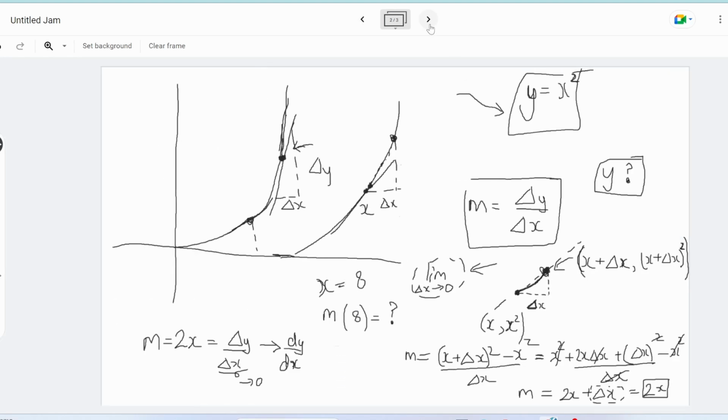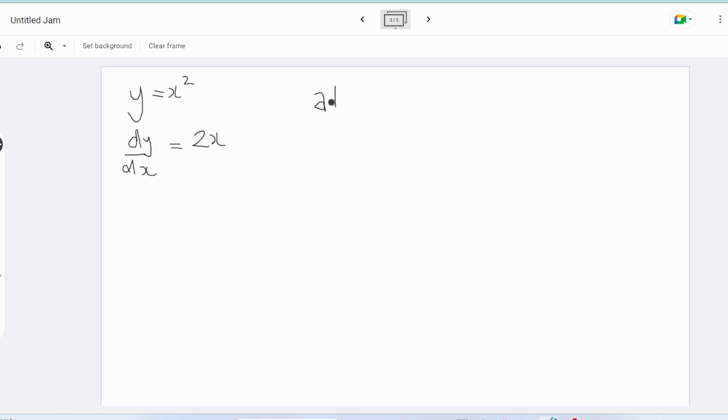What's the gradient at x equal to 8? And that, my friends, is now answerable. I don't have to sketch x squared and then draw that line and all of that. All I need to do is say, hey, x is equal to 8. All right then, what's 2 times 8? Well, that's 16, and that's the gradient.